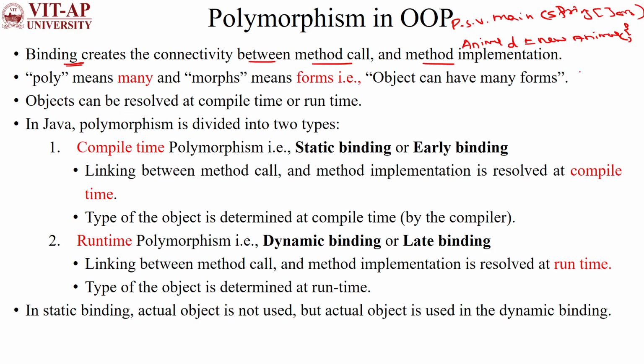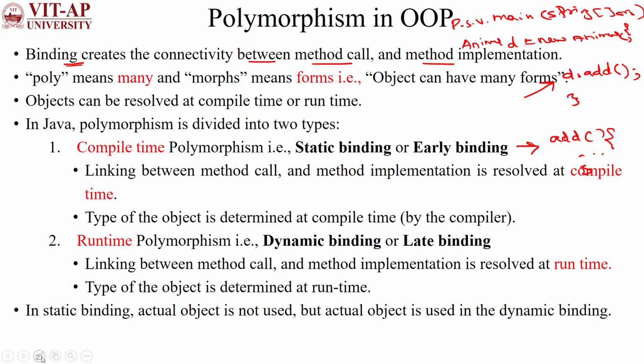Then we use the object and call the method. For example, suppose we have the method add, we call this method like that. If this Animal class has a method add, then we define some set of statements. So this is the method implementation. Here this is the method call.